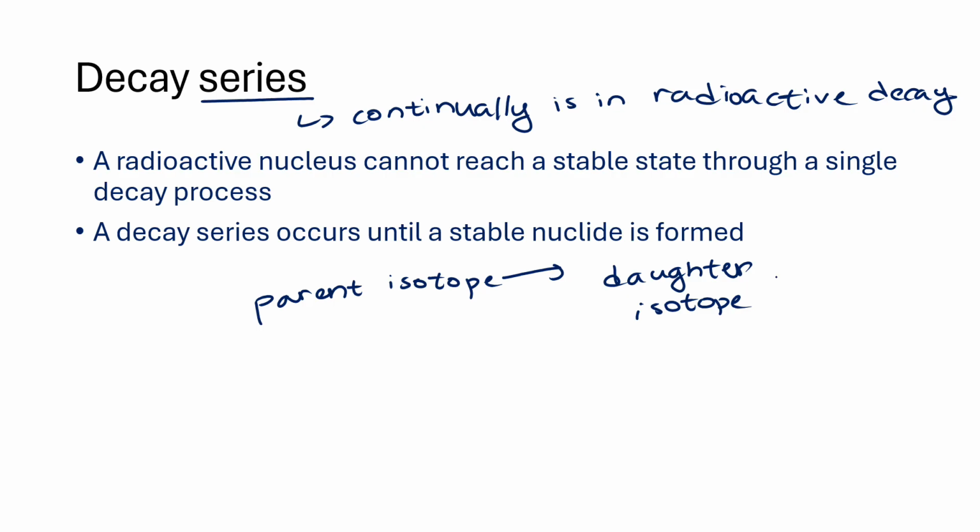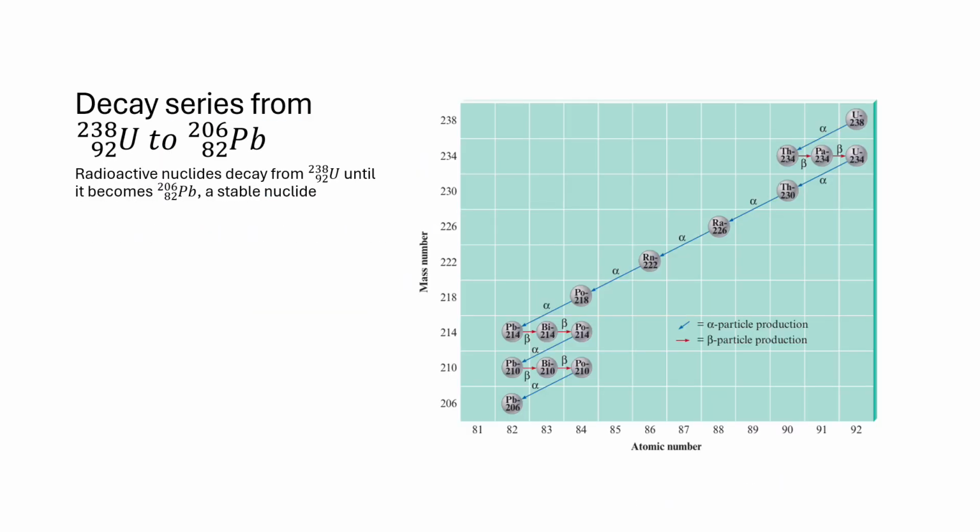And then if the daughter isotope is still radioactive, it goes through a succession of radioactive decay until you have a stable nuclide. So in this one, we have the decay series from uranium 238 to lead 206.